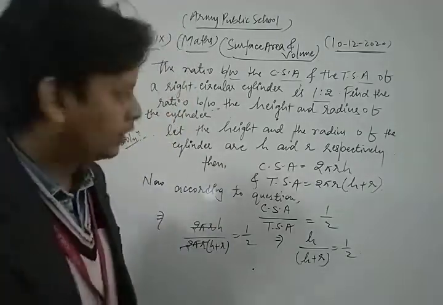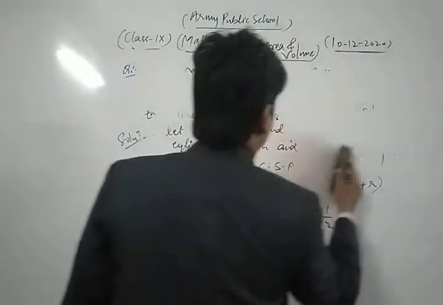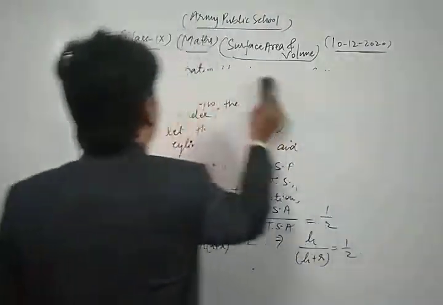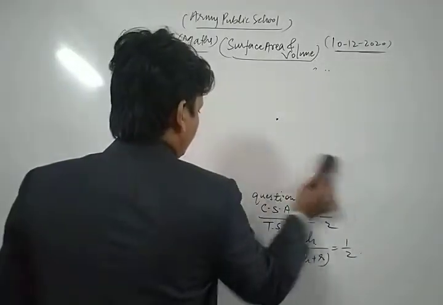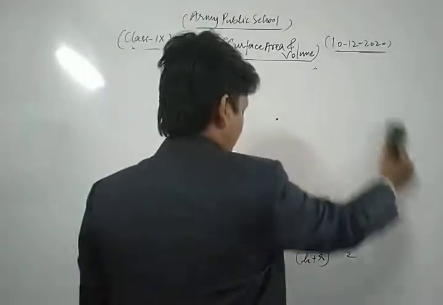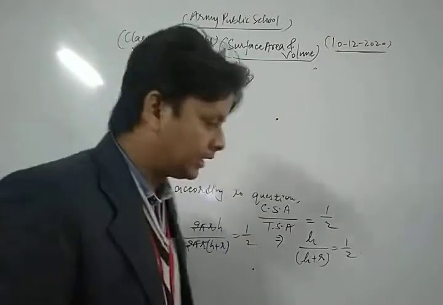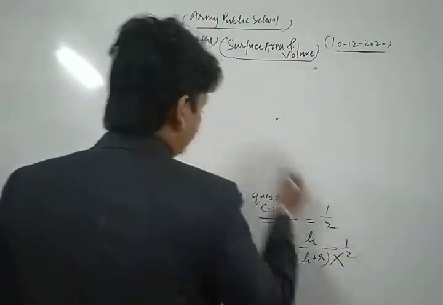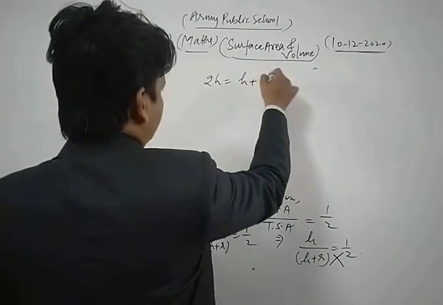Now we do cross multiplication, so we get 2h is equal to h plus r.